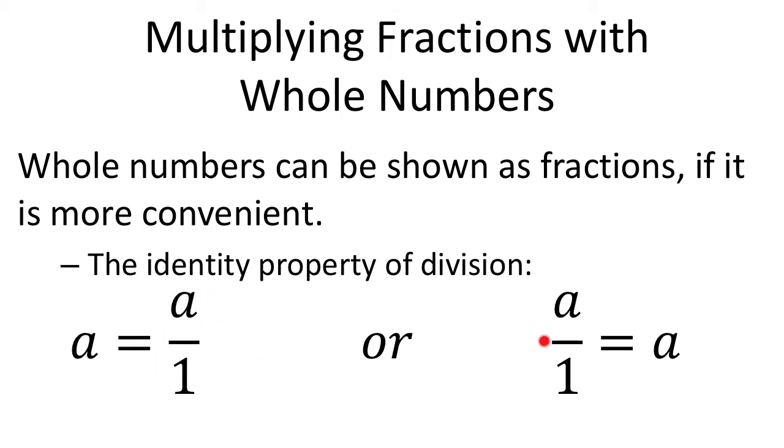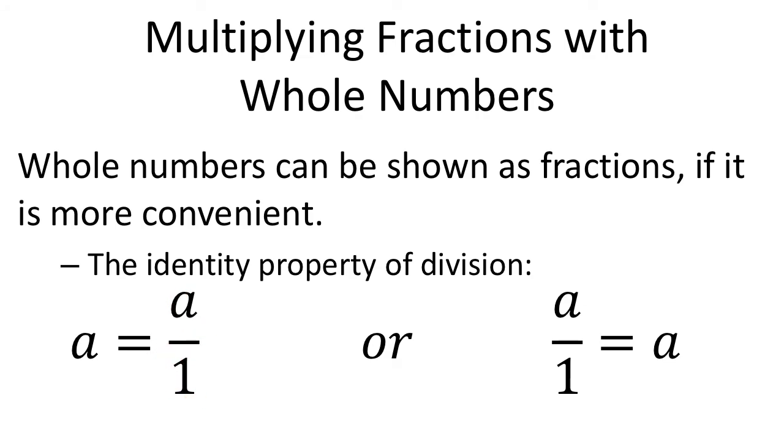Okay, and I think we've seen this slide before. If you ever see something by itself, it's possible just to write it as the same thing divided by 1, but as a fraction, so it's over 1. But it's like we've seen before, anything divided by 1 is itself. So again, instead of saying I want the whole number by itself, I want to see it as a fraction over 1.